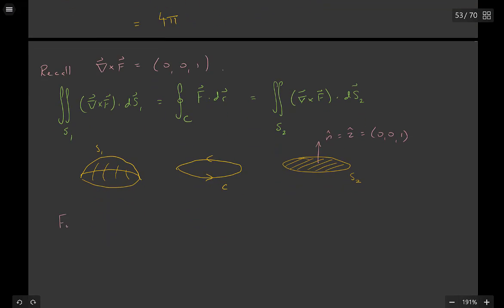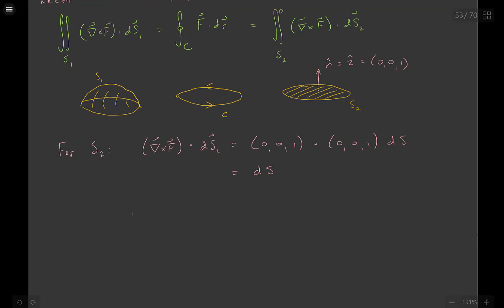So for S2, I'll find that grad cross f dotted with dS2 is equal to 0, 0, 1 for grad cross f, dotted with my normal for that surface, 0, 0, 1, and then my regular surface area element. So that just works out to dS. In other words, I'm just integrating 1 over this disk of radius 2.